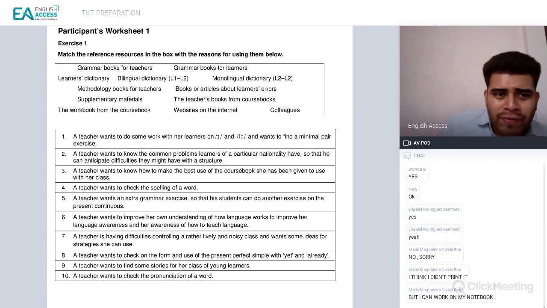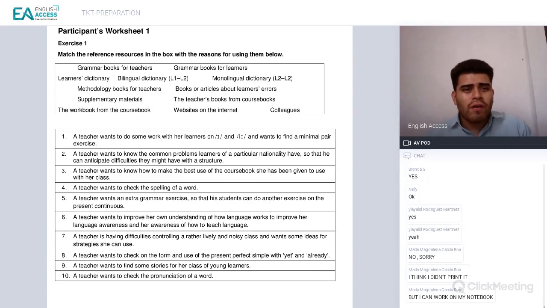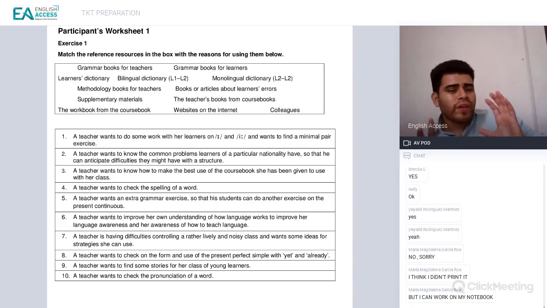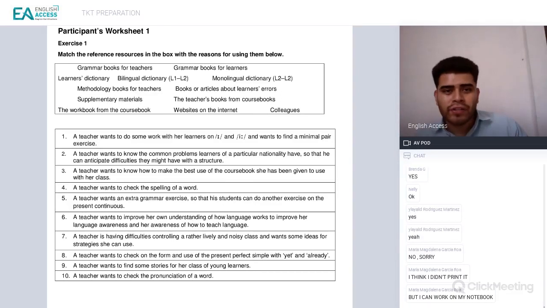So we're going to match the reference resources in the box with the reasons for using them below. These are our reference resources, things we can use to refer to the things that we are teaching. We have grammar books for teachers, grammar books for learners, learner's dictionary, bilingual dictionary, monolingual dictionary, methodology books for teachers, books or articles about learning errors, supplementary materials, the teacher's books from course books, the workbook from the course book, websites on the internet, and colleagues.